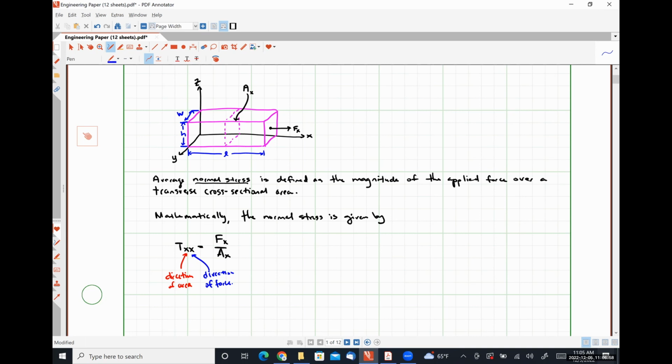Now, some of you have a mechanical engineering background, and so you know that the capital letter T is not typically associated with stress. Instead, it's usually lowercase sigma, right? Well, because I'm an electrical engineer, sigma for me is electrical conductivity. So I use T for stress.